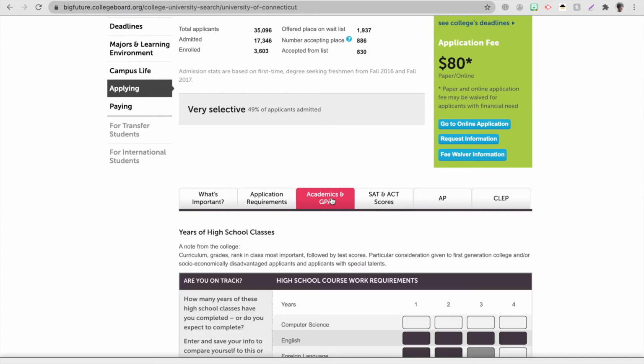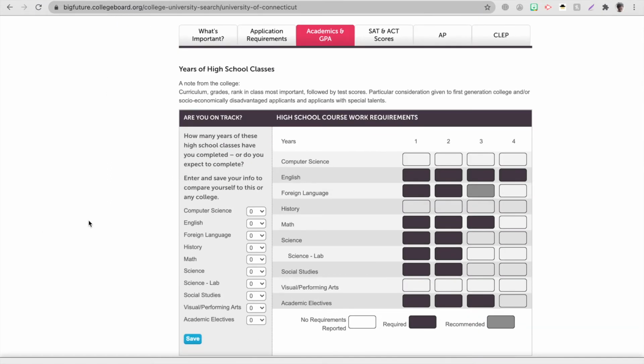If I look under academics and GPA, I get this really nice chart that tells me what classes I have to take in high school in order to get into UConn. The bottom has a key. If it's a white box, it means it's not required. If it's the dark gray box, it is required. If it's a light gray box, it's recommended.